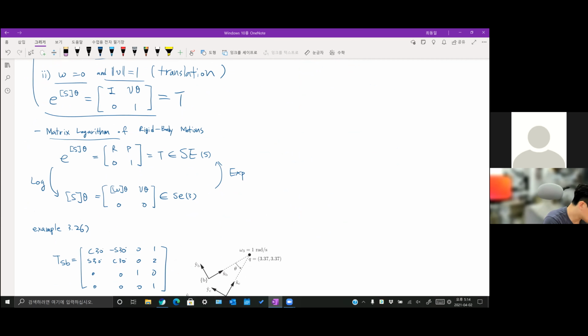So when we describe the rigid body motion using the screw axis with exponential coordinates, the homogeneous transformation T, the element of large SE3, can be converted to small se3 like this. The small se3 twist was described like this.